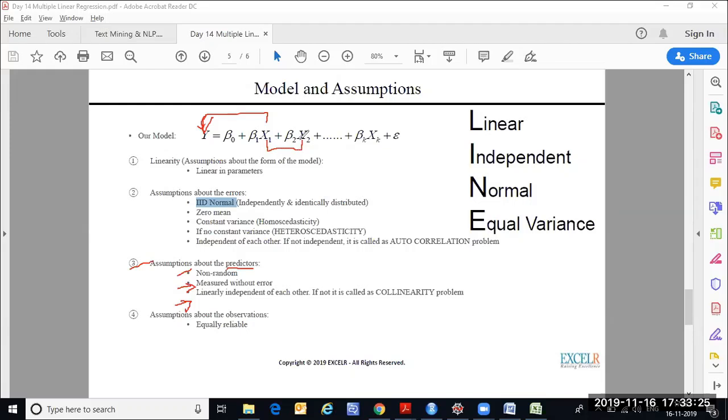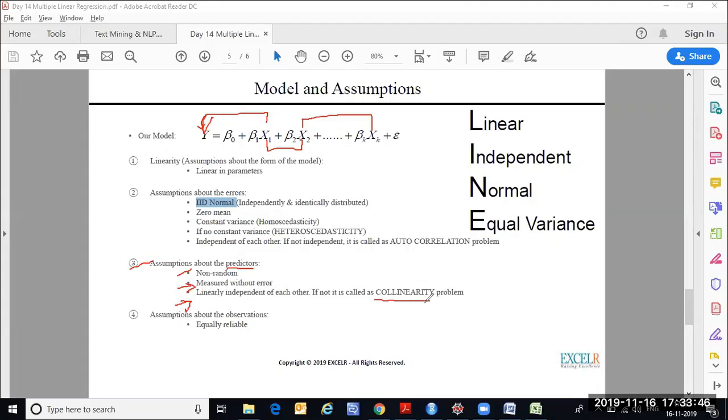There should not be any relationship between two independent variables or two input variables. If they are getting into a relationship, that is called the collinearity problem.